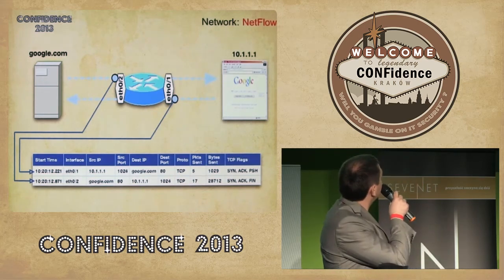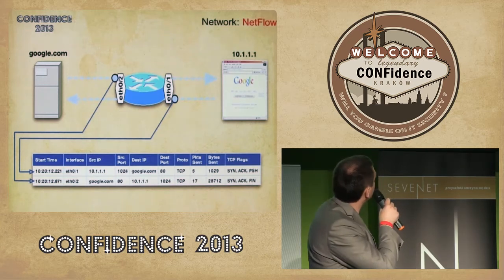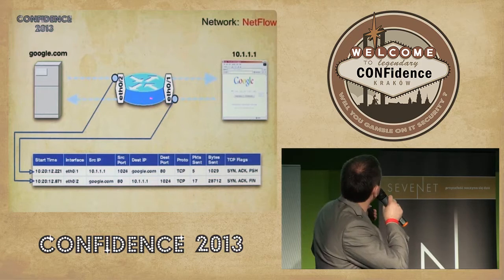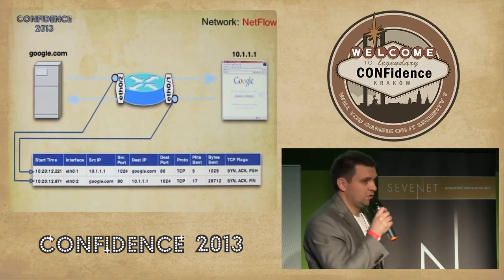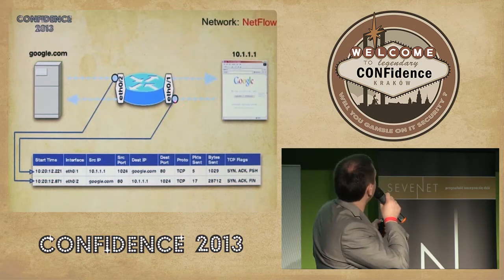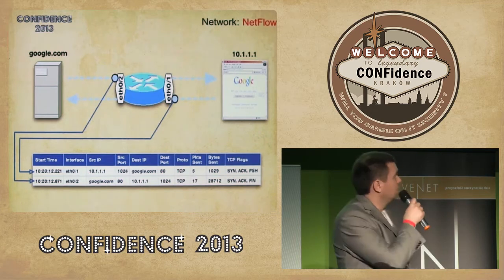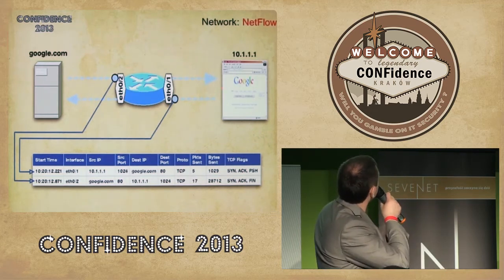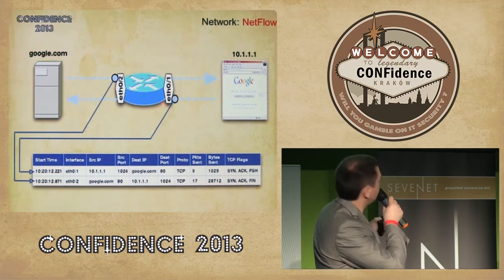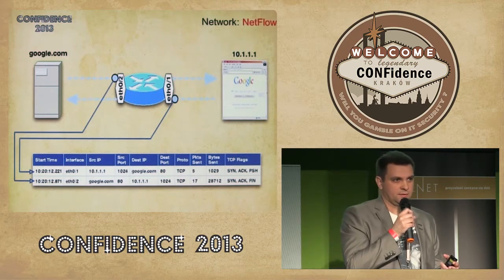So let's assume that we have a user who wants to visit some Google web page, and from the perspective of this router, there are two different flows. One flow, which we can observe on this interface, is the request of the web page, and the second is the response. So from the perspective of this router, there are two separate flows.